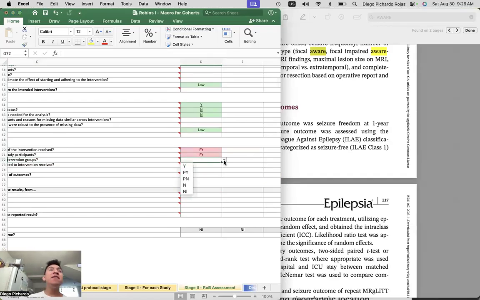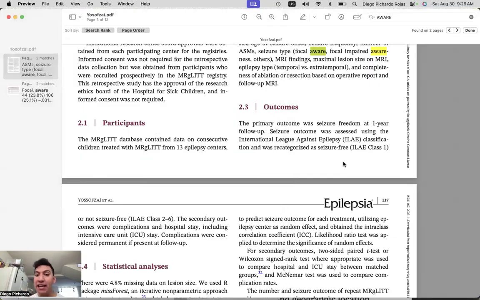Even though there was a concern for the knowledge of, oh, these patients underwent a laser, they should do better, even though they are aware of that, the outcomes are very objective.